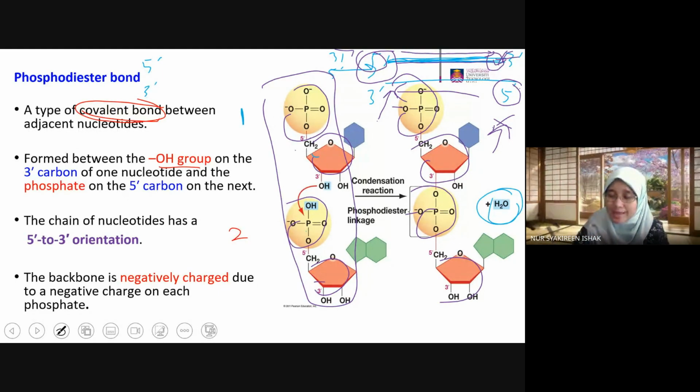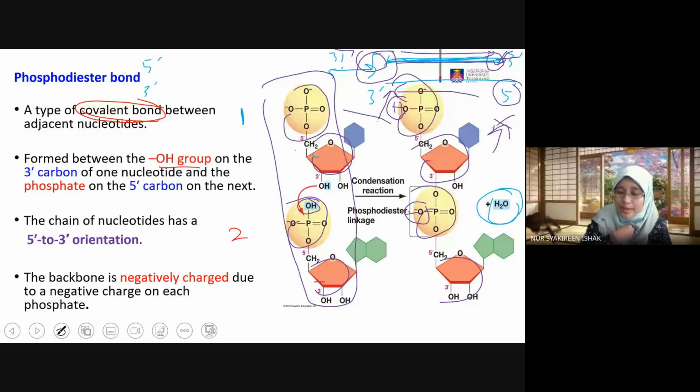why does the phosphate have the negative charge? Originally, you see it is in the OH form. So when the nucleotide is dissolved in water, the phosphate will be ionized, the hydrogen atom will be released, and the O here becomes negatively charged.